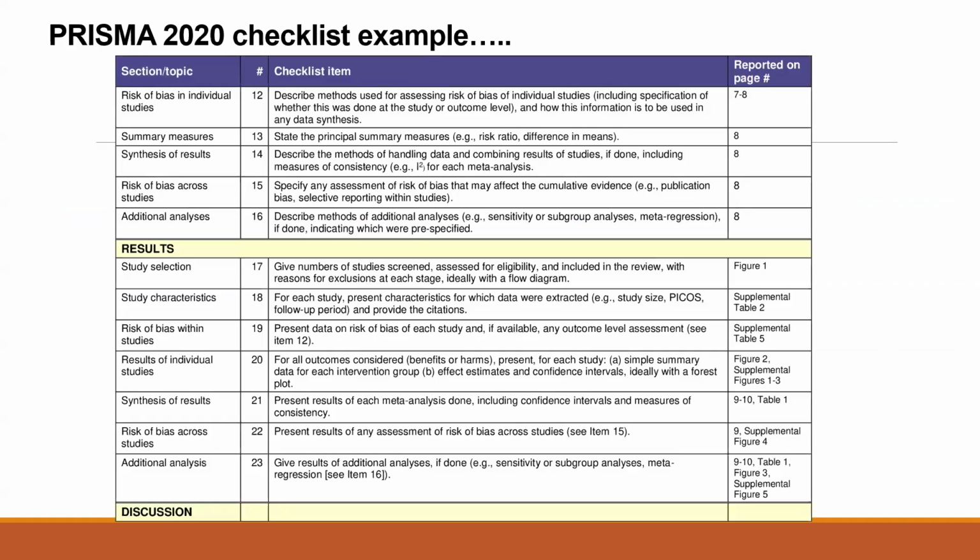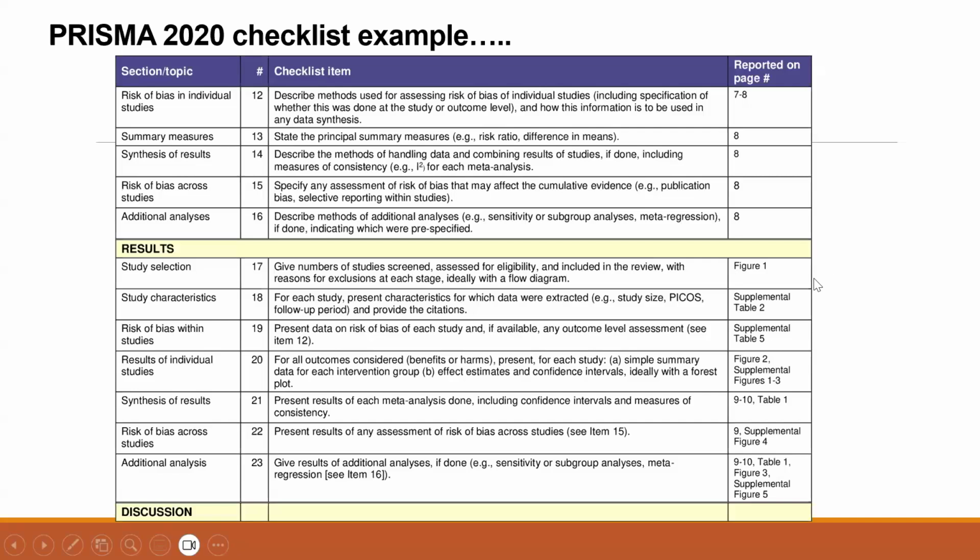This is one example which I will just show you, like how you are going to fill in your data. You just write the page number, which page number you have reported those findings. For study selection, you might have a PRISMA flow diagram. You will not include it in the manuscript, because sometimes journals ask you to submit it in a separate format, like figures kept in JPG or PNG format.